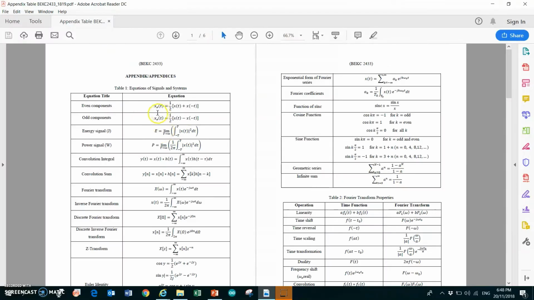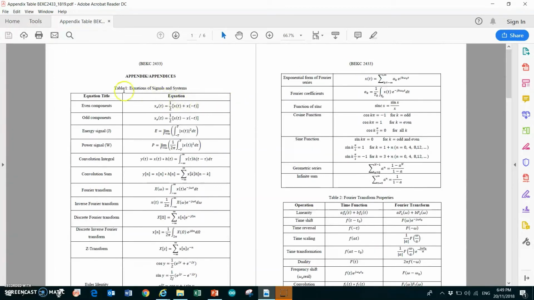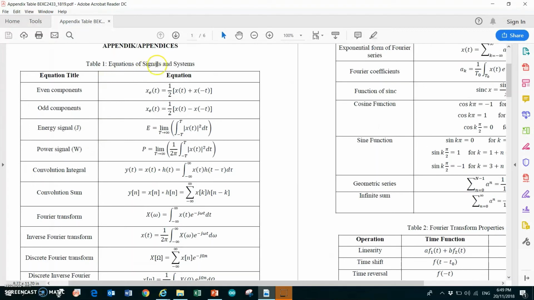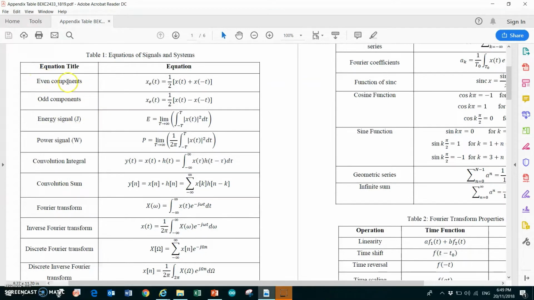If you remember in the midterm exam, you were given an appendix page on the last page. Similar to your final exam, you will also be given this table. Table 1 here has the equations of signals and systems, all of the equations used in chapter 1 until chapter 5. You have the even odd component, energy signal, and power signal, which are in chapter 1.